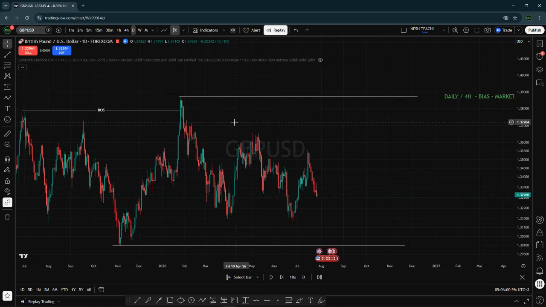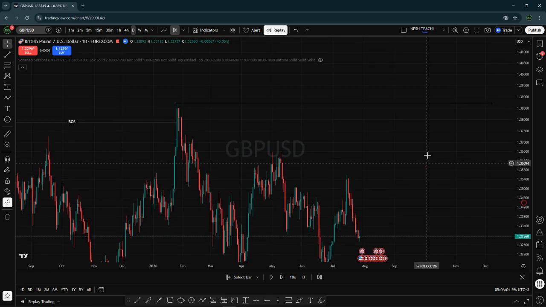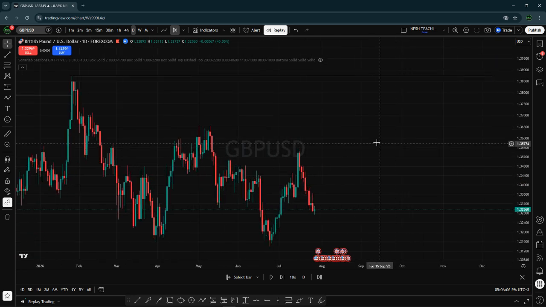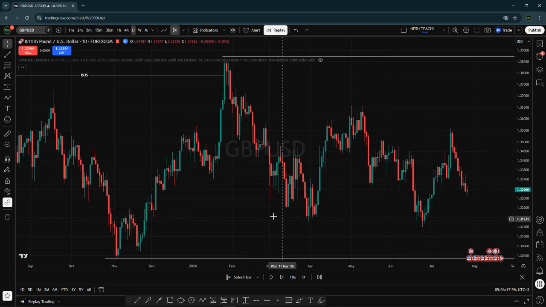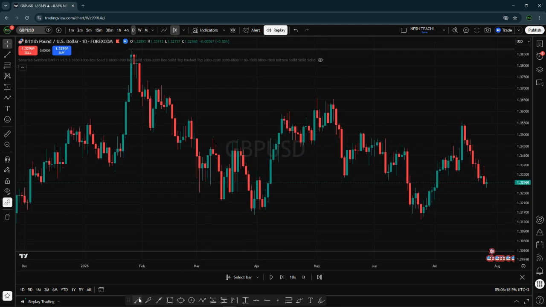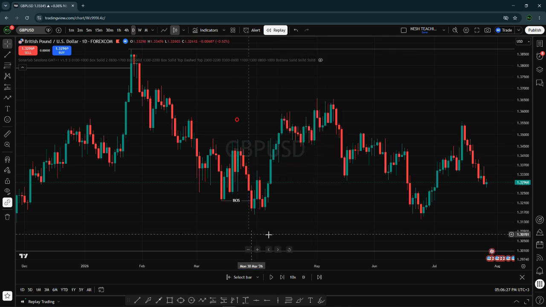Okay, but this is the far end. So bringing it closer, we need to trade with the current time where the market is, right? We can see that the market was trending down. Let us mark this point here as the break of structure to the lower low.